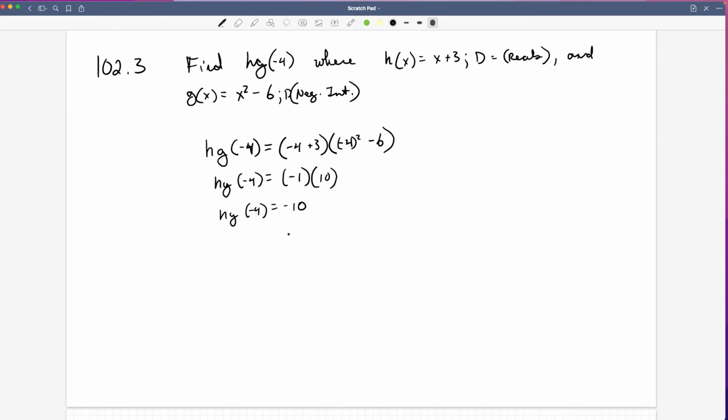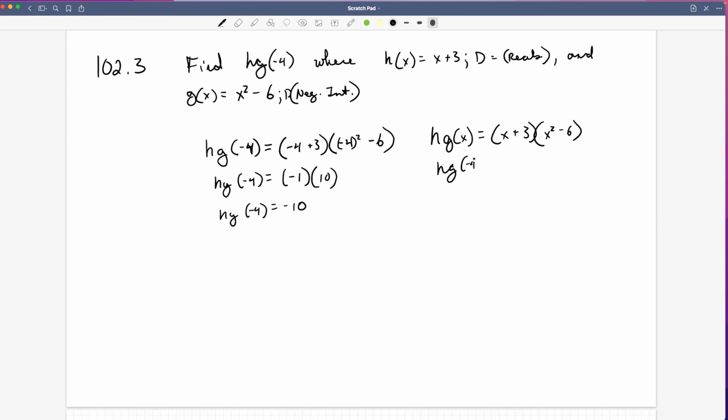But we could do this the other way. We could also say hg of x equals x plus 3 times x squared minus 6.